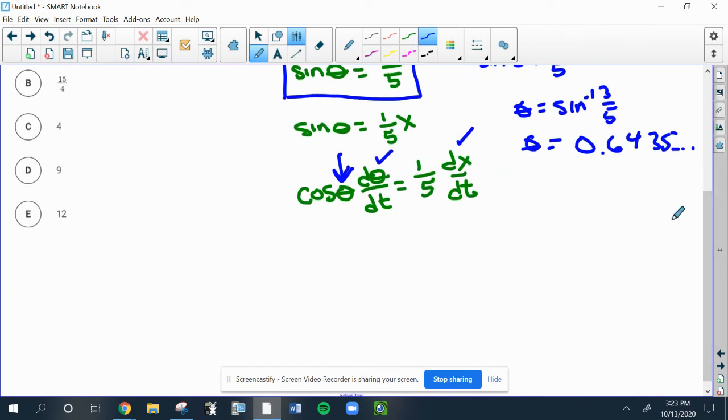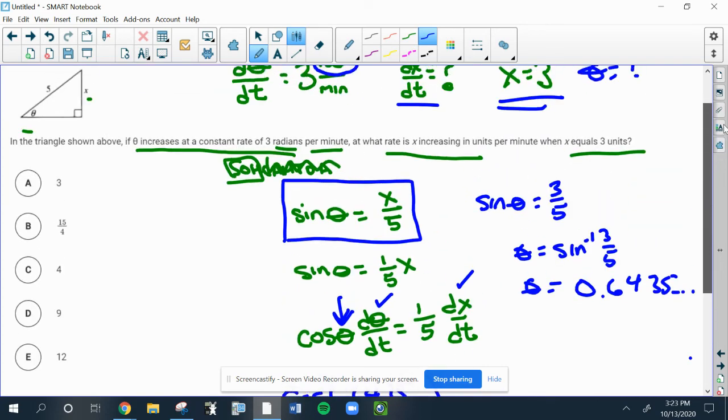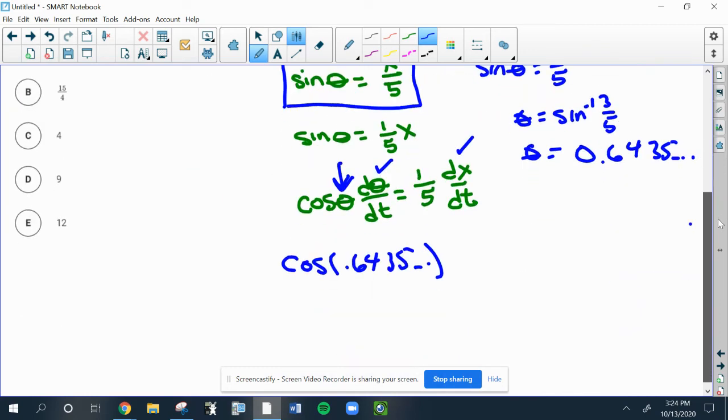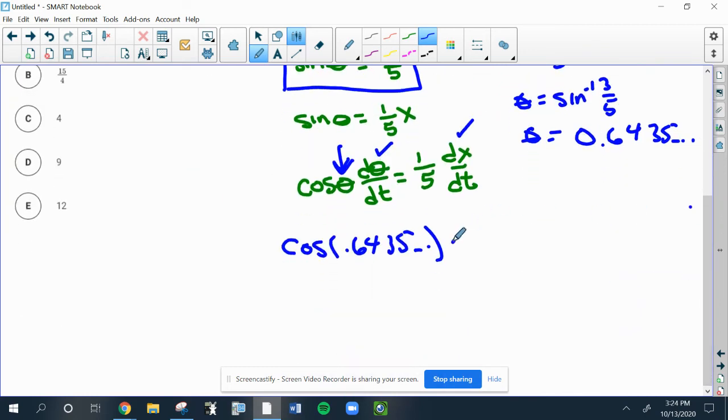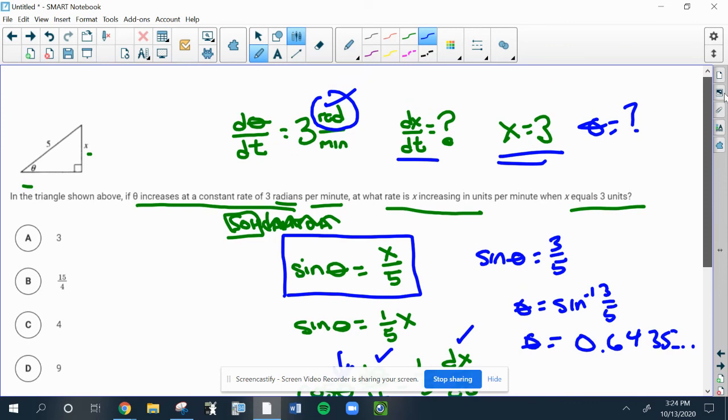So we have cosine of theta, which is 0.6435, etc., times d theta dt, which is 3, equals 1/5 dx dt. So I have to solve for dx dt.